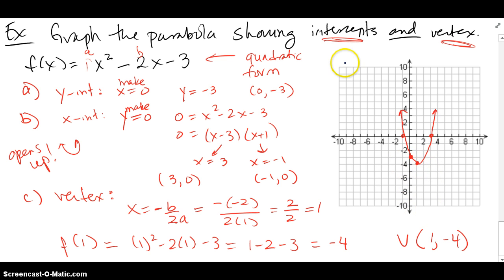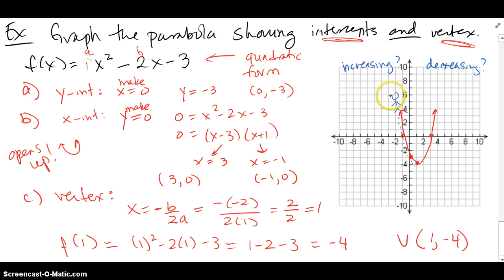Sometimes you may be asked when the graph is increasing and when the graph is decreasing. And you're just going to walk left to right on your graph and answer that question. So I'm decreasing until I get to the vertex x-coordinate 1.